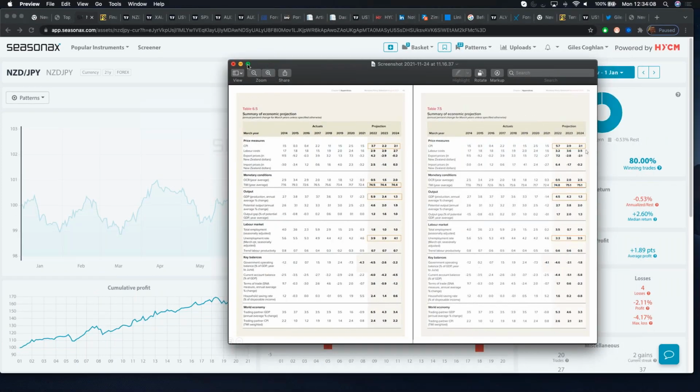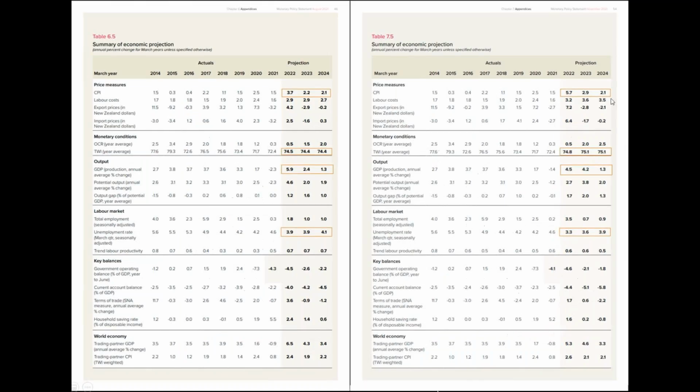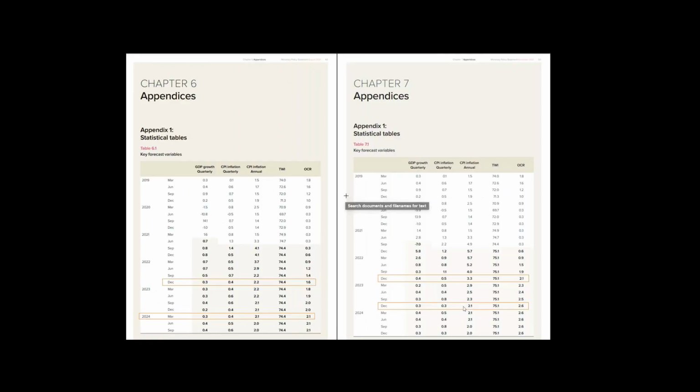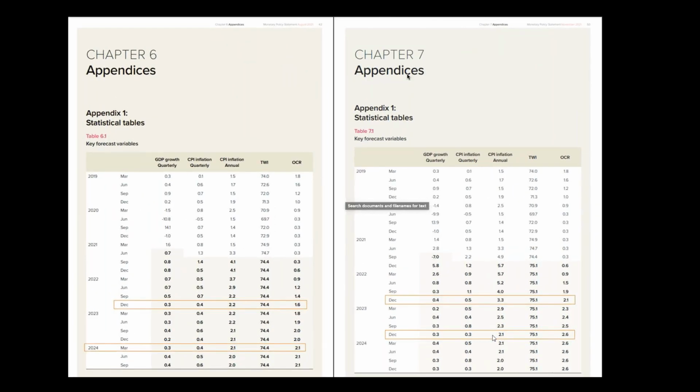You can see this is from the RBNZ's latest decision, on the right. Oh, hang on, I want to get the other one up. There we go. This is the latest RBNZ rate decision on the right, and the previous one on the left. You can see they were looking at raising interest rates to 2.1% in 2024 at their previous meeting.